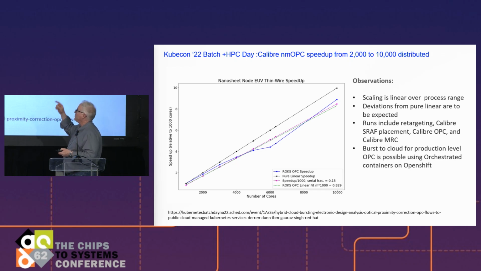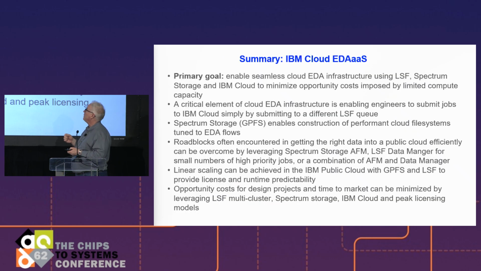We're able to achieve linear scaling through a little over 10,000 physical cores with the OPC part of the recipe. And with the total recipe, we do see some differences in slope. We do need to work on these, but they're not catastrophic. These are things we think we can solve and bring things to a much tighter speed up and scaling overall.